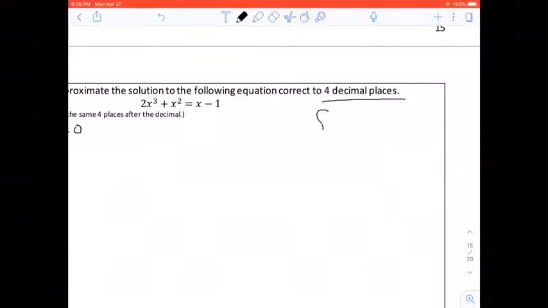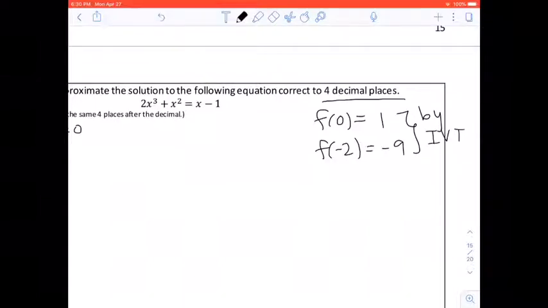Just messing around with some numbers, I found that f of 0 equals 1 and f of negative 2 is equal to negative 9. So by the intermediate value theorem, if you don't remember what that is, we learned that earlier, look that up, there is going to be a solution between 0 and negative 2.